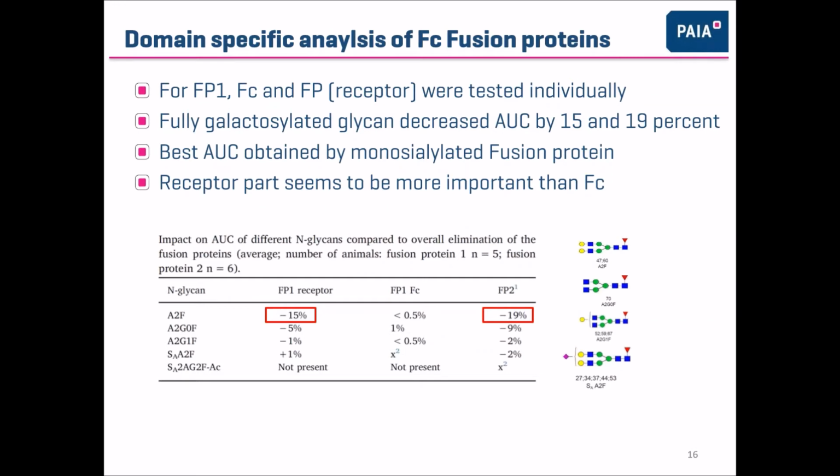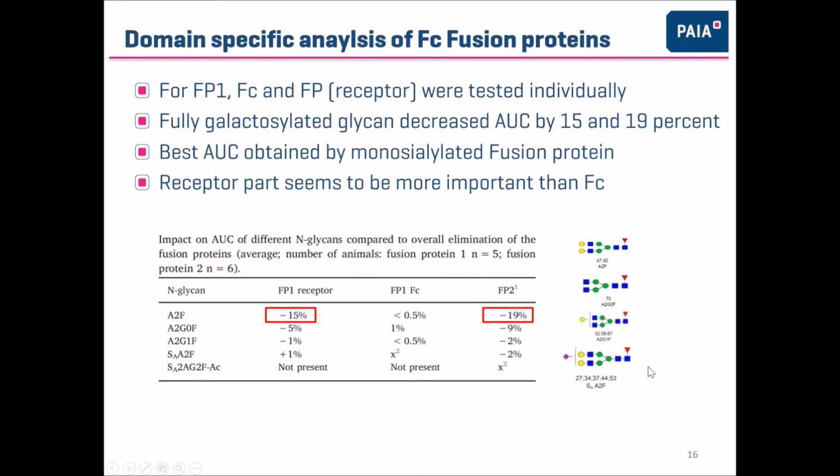So what they found is that the fully galactosylated glycans here, right, decreased the area under the curve by 15 and 19%, and they could also show that the best area under the curve was obtained with the monosialylated fusion protein.